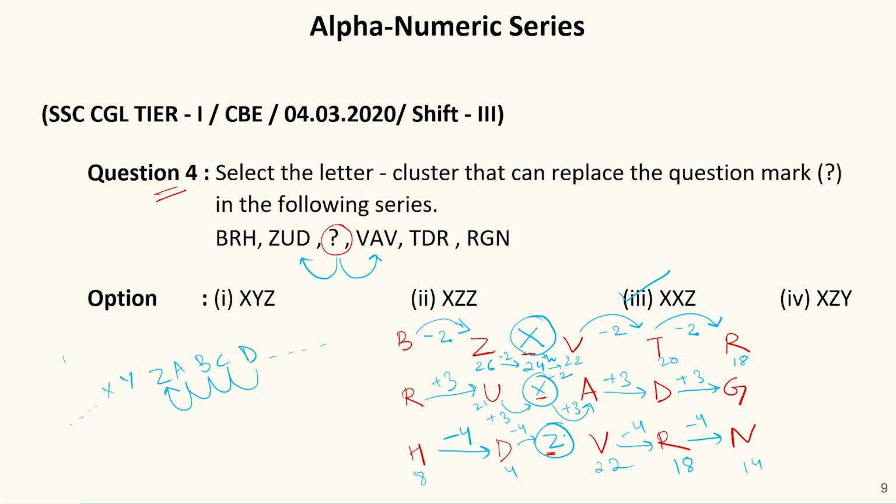Let's check. From Z, if we move 4 positions back, Z is called 26 and the 22nd letter is V. So this also follows the logic. Hence the answer will be X, X, Z. This will be the answer.